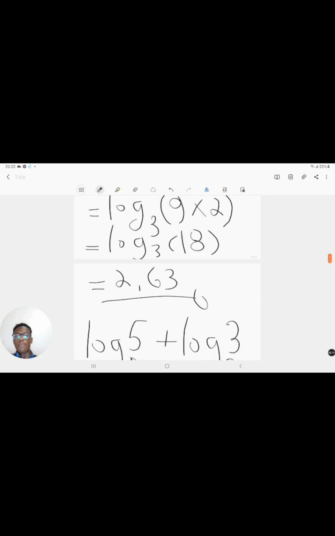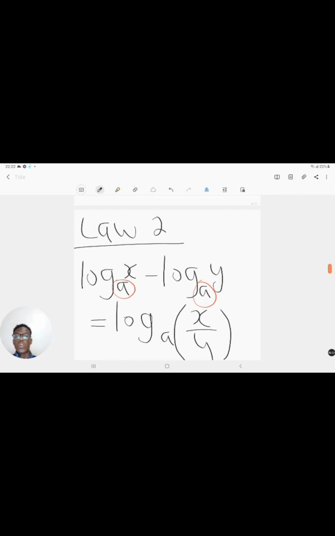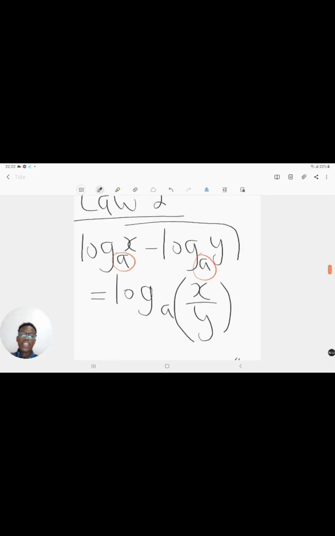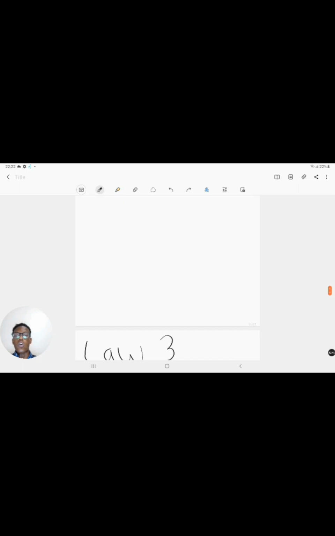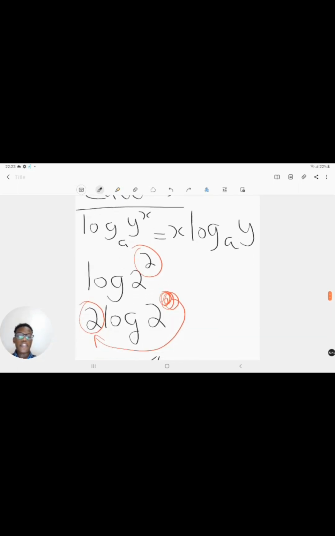For law number 2, if you are subtracting two logs from one another of the same bases, then you divide the two numbers by each other and keep that same base under the same log. That's law number 2. Law number 3 is this little equation here.